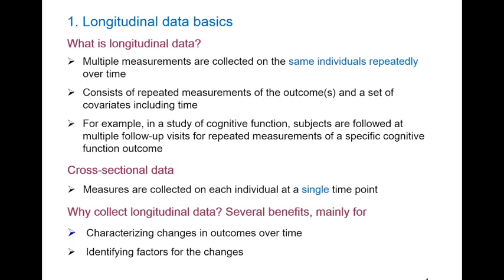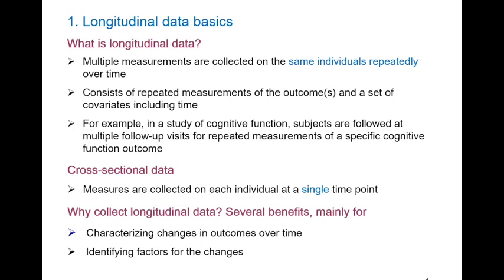Okay, so what is longitudinal data? Longitudinal data refers to the situation where multiple measurements are collected on the same individuals repeatedly over time. So the data consists of repeated measures of the outcomes and a set of covariates including time.